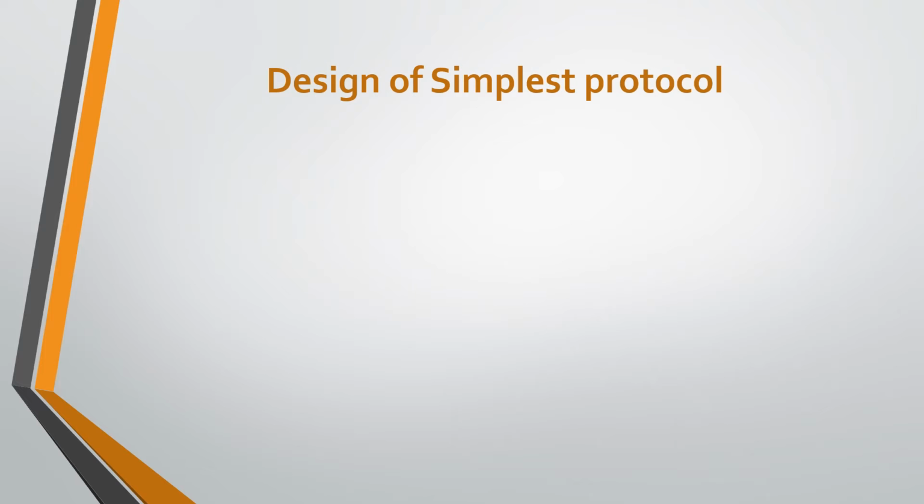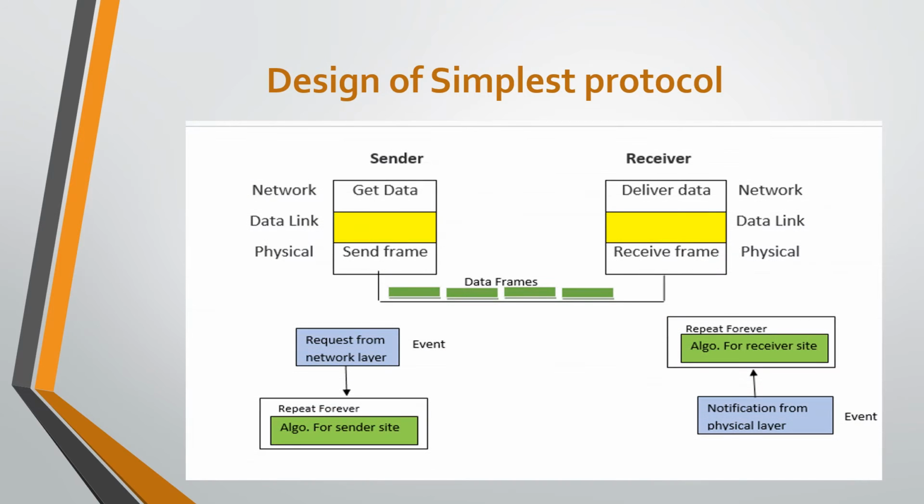Design of the simplest protocol. This protocol does not have a flow control or error control mechanism, so there is no need for a flow control scheme. The sender's data link layer gets data from the network layer, makes a frame of that data by adding control information, and sends that frame to the physical layer of the sender.